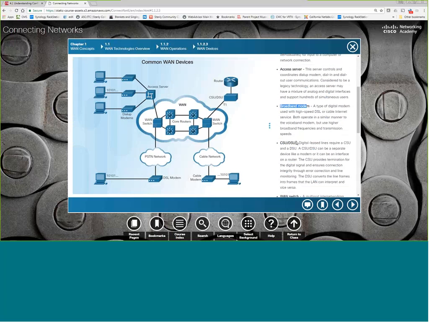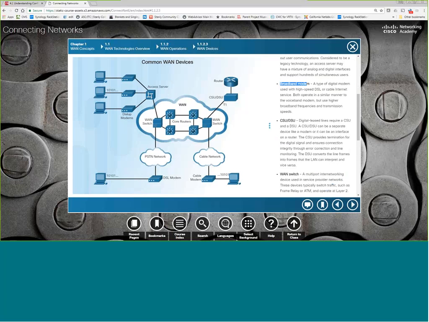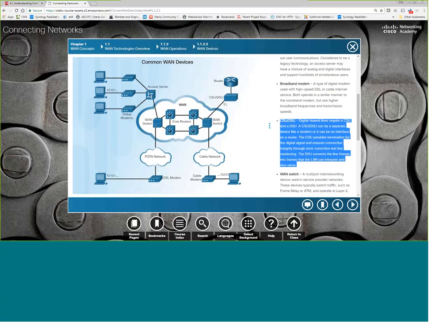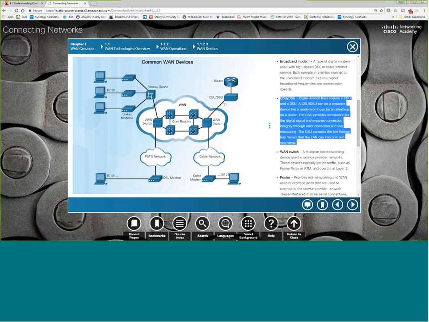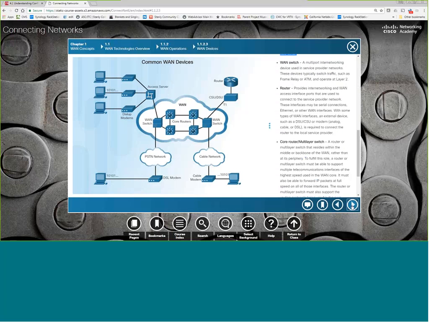And then the CSU DSU, again, we don't have as much anymore, but we used to have, especially if you have a leased line, you may have a CSU DSU. And the WAN switches are the switches inside the core here, which is where the service providers do their magic with things like frame relay, switched virtual circuits, PVCs, permanent virtual circuits, and MPLS, and all those different things that are inside of there.